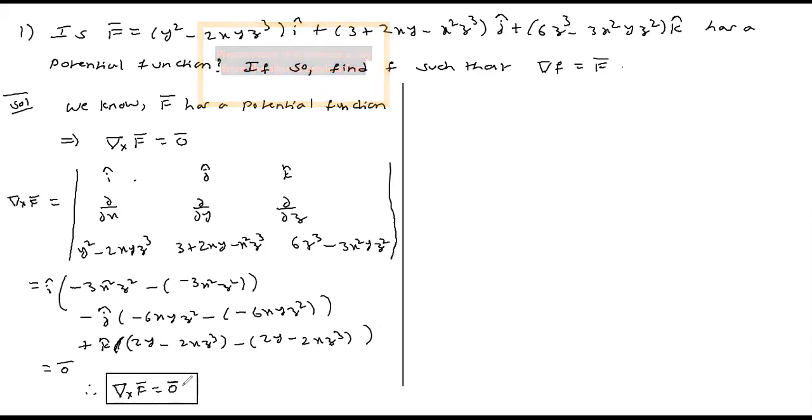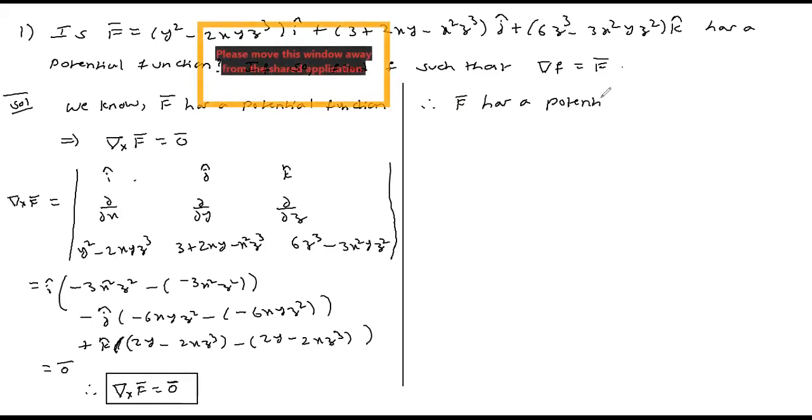So because curl f bar is 0 bar, from this I can say, therefore f bar has a potential function f such that del f equals f bar.